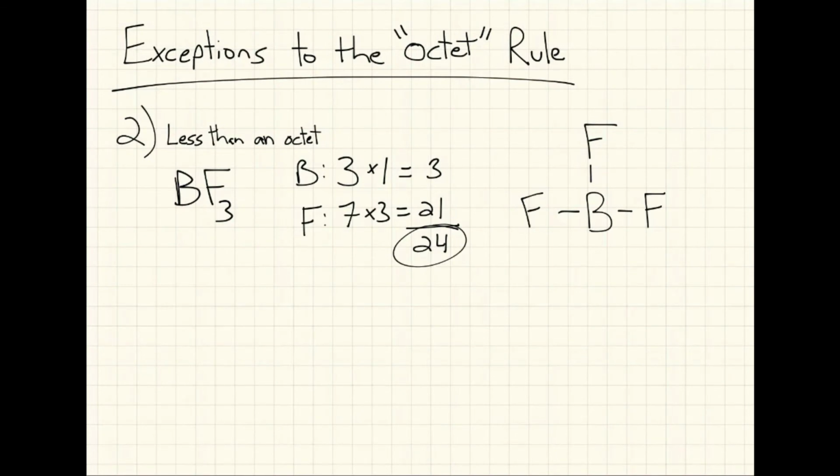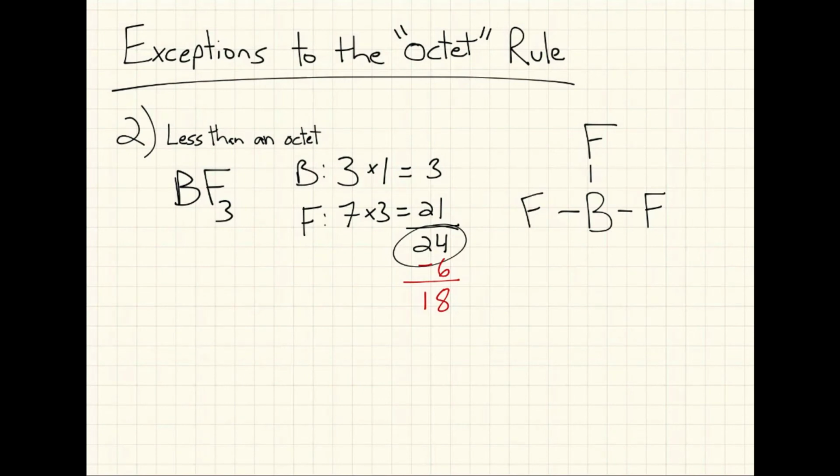This is the minimum requirement: I have to at least have 3 bonds between these things. There'd be 2 electrons tied up in each one of these 3 bonds for a grand total of 6, which means that my new tally, 24 minus those 6, gives me 18 electrons left to place in this particular diagram.